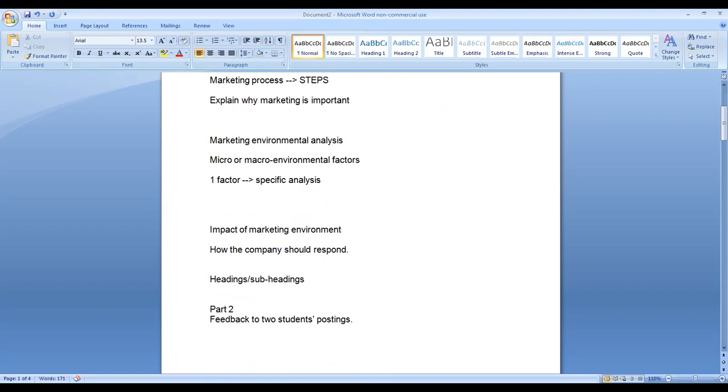Feedback to students' postings. Please make sure we are specific in our feedback. You can use examples of certain lines of the other students' postings. Relate to theory, and cover both positive and constructive feedback. You can use the sandwich approach when you give feedback.